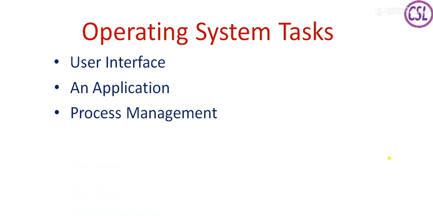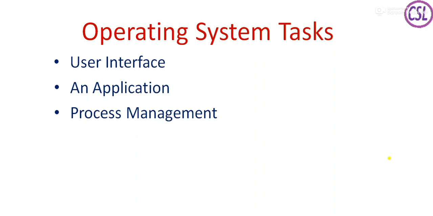And process management. In a computer there are so many user programs running at a time. So you can treat every program as a process. That means before the operating system there are so many processes. Now the operating system's job is to take one process and assign this process to the processor, because in a computer all these processes are finally processed by the processor only.